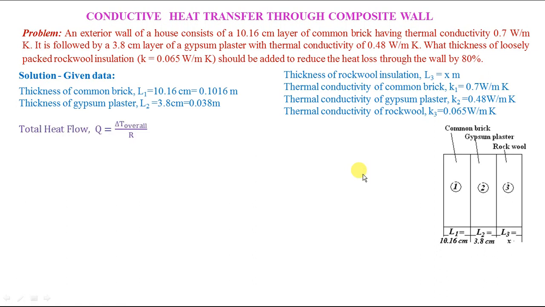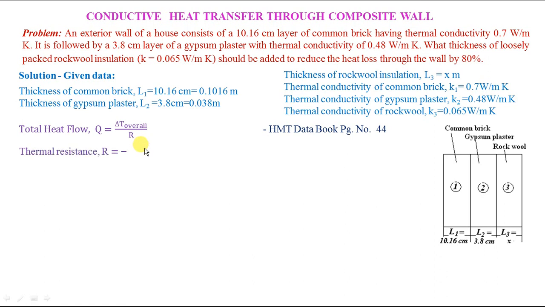The total heat flow Q is equal to delta T overall divided by R, which is taken from the Heat and Mass Transfer Data Book, page number 44. This is the general equation for conductive heat transfer, where R is the thermal resistance.